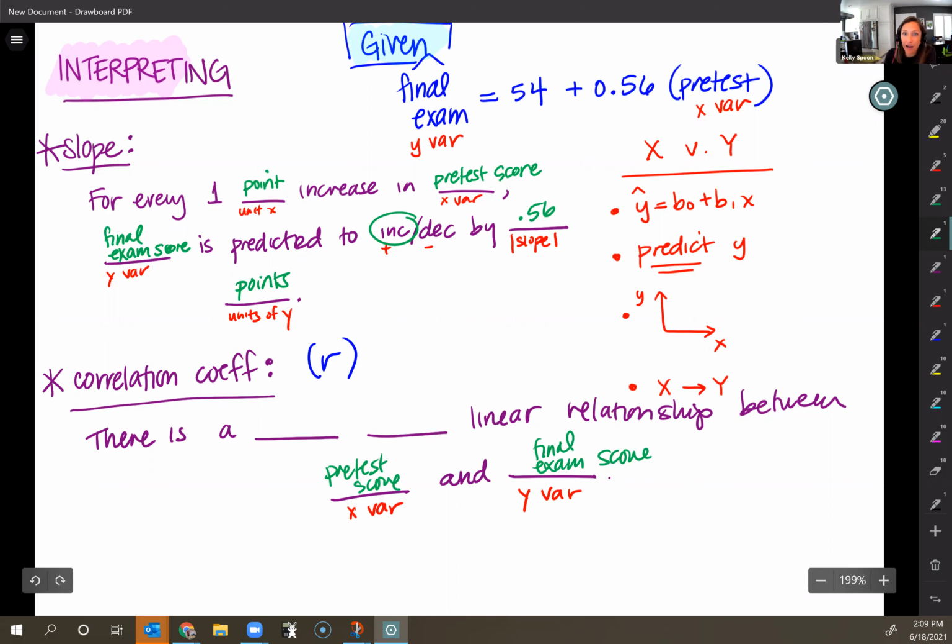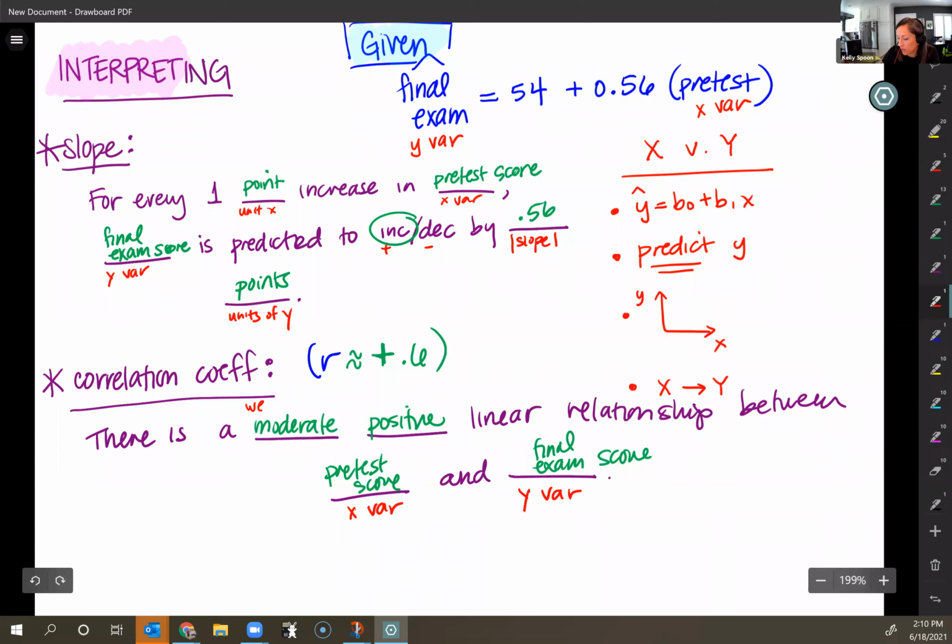And of course, we don't have one of these for this, so let's just make one up. Let's say our R was positive, because it always matches my slope, 0.6. So if this was my R, we would say there is a moderate positive linear relationship. Your options here are in the lecture notes, but students tend to lose them because they're way early, and then we get the formula for R later.